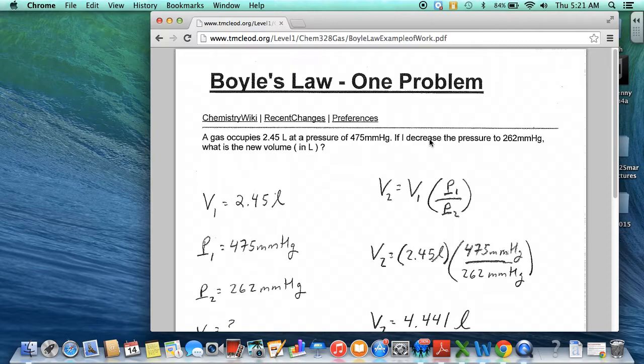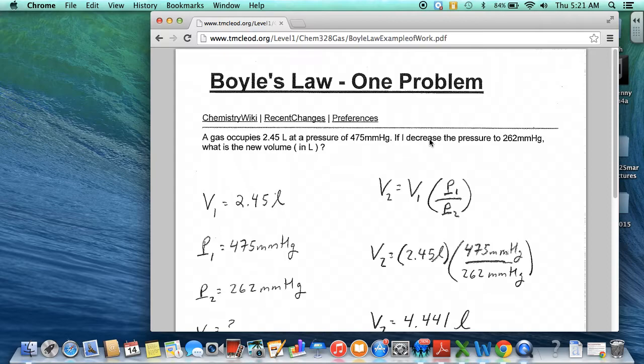And with inversely proportional things, if you put all the variables at the same condition, so that would be V1 and P1 on the same side of the equal sign, for inversely proportional, you are multiplying those variables, because as one goes up, the other one has to go down, and the number must stay constant.